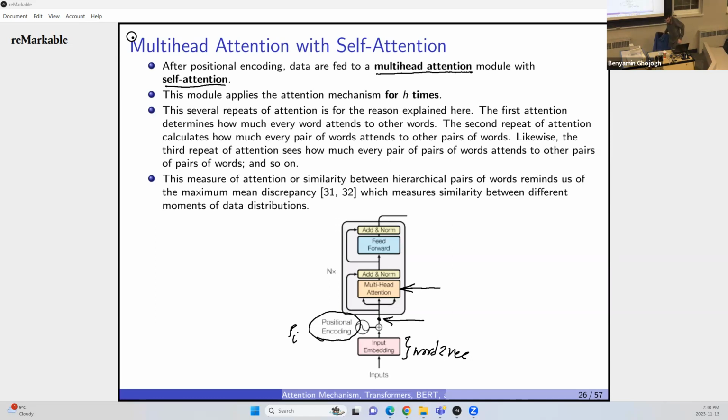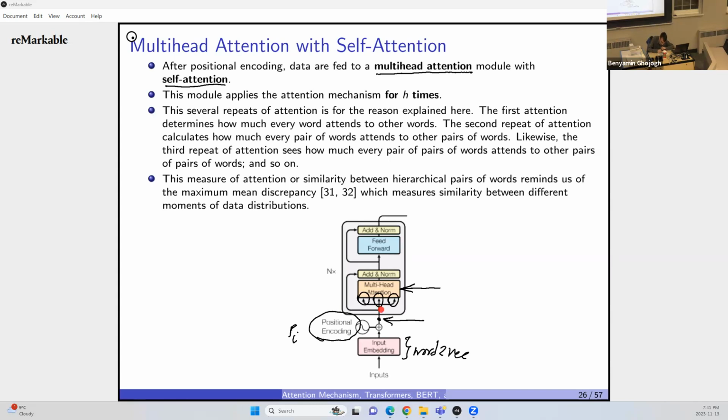What is this? Do you remember the attention that we talked about? The self-attention. So it had query, key, and values, right? That's why I have three things here. Three inputs. These are the query, key, and value, right? And why is it self-attention?